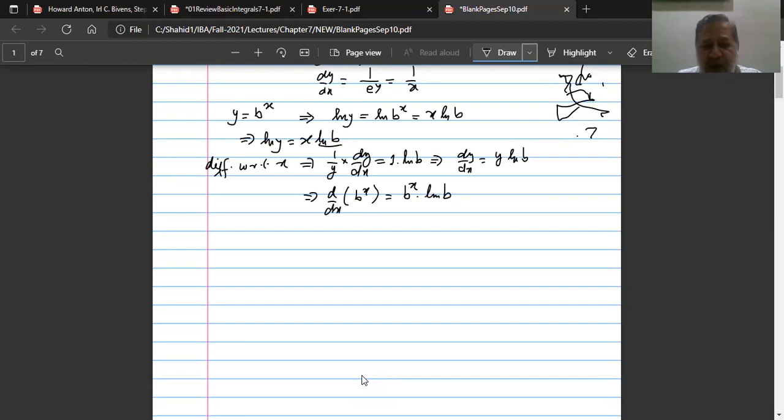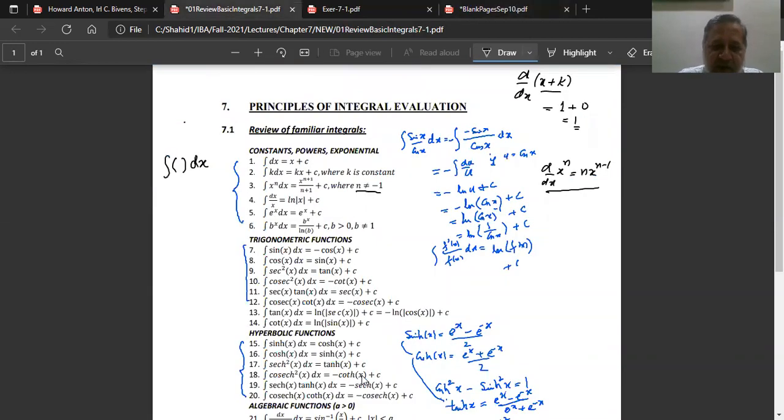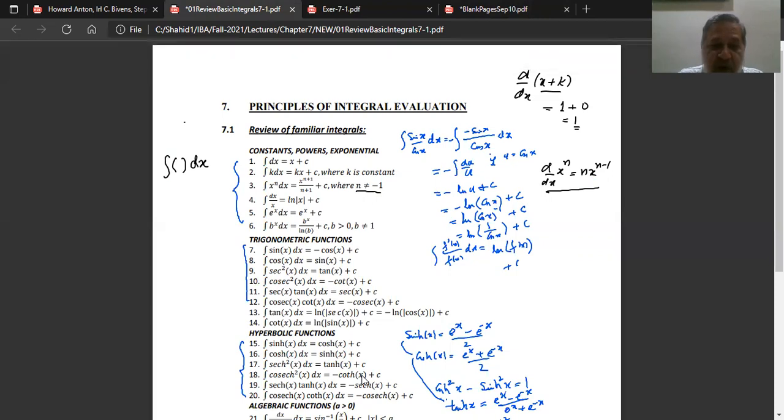So in the differentiation of b power x, b power x stays as it is and is multiplied by ln b. That is why when we take the antiderivative, b power x remains as it is. Instead of multiplying b power x by ln b, which we did in differentiation, we divide by ln b, as we are going through a reverse process.